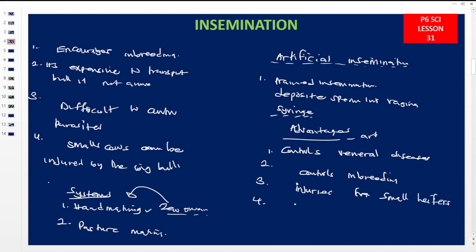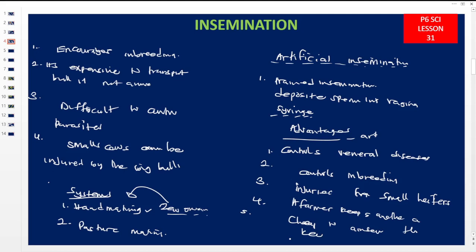Four, a farmer keeps another cow rather than a bull. Bulls don't produce, the other cow is producing, so a farmer keeps another cow instead of a bull. Five, it is cheaper to pay the inseminator than to keep a bull. You have to give the bull feeds, you have to treat it, but you just call the inseminator, they do the service.